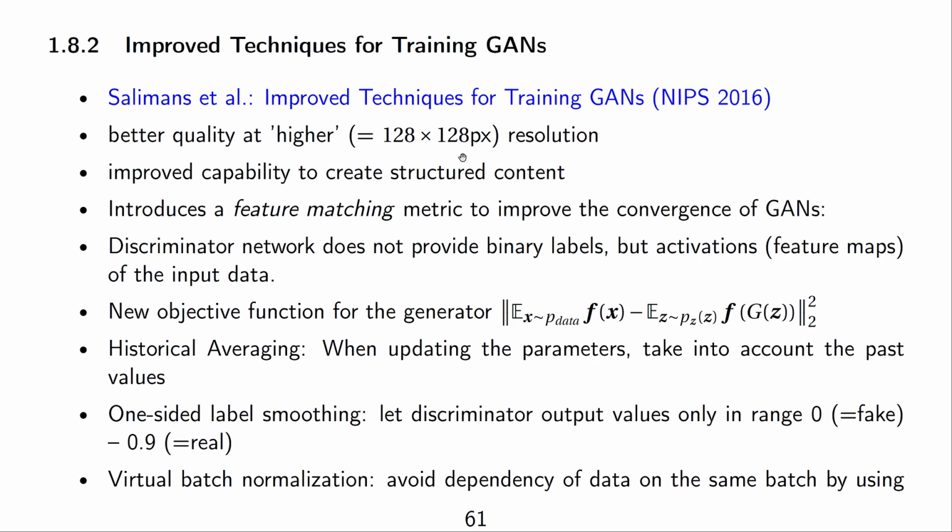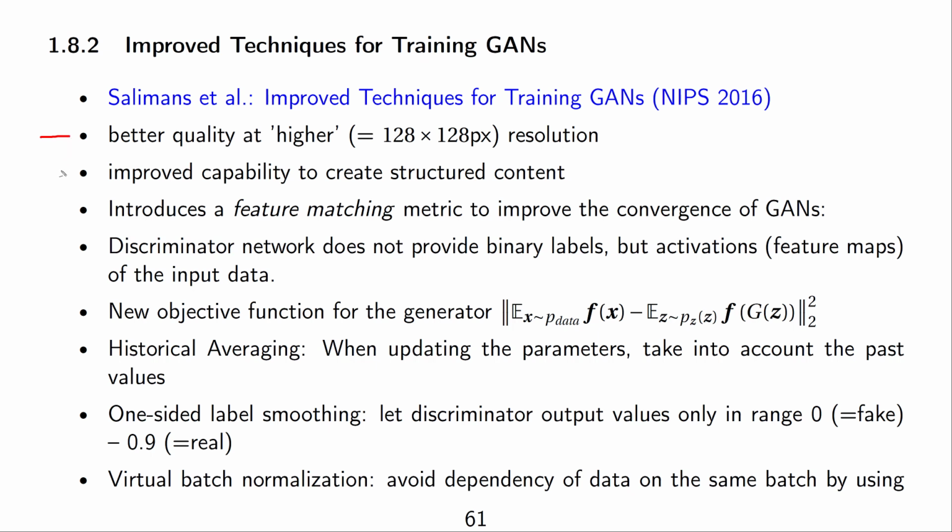So one important paper is the paper by Salimans et al., Improved Techniques for Training GANs. This paper proposed an architecture that achieved better quality with 128 by 128 pixels, meaning higher resolution.